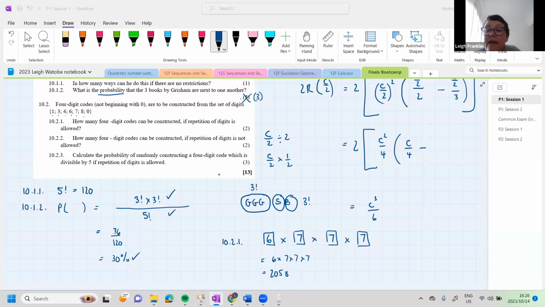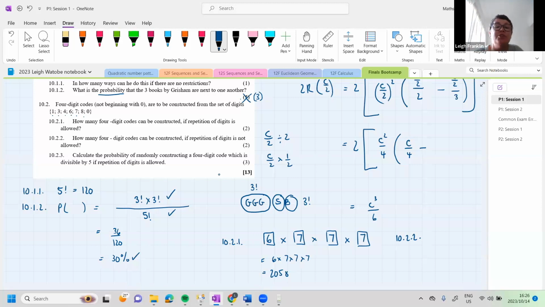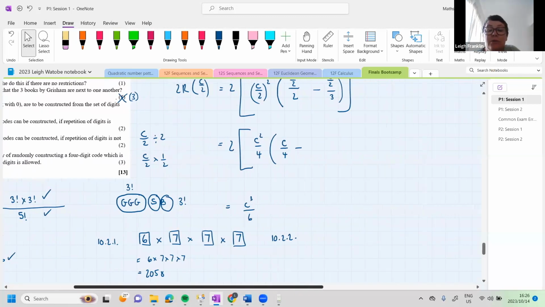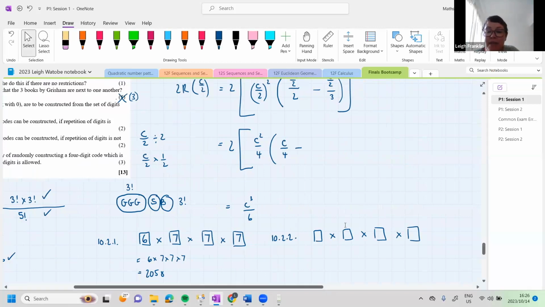Okay. Then in 10.2.2, they've asked us how many 4-digit codes can be constructed if the repetition of digits is not allowed. So again, we are filling 4 blocks. Okay. We're not allowed to start with the 0.